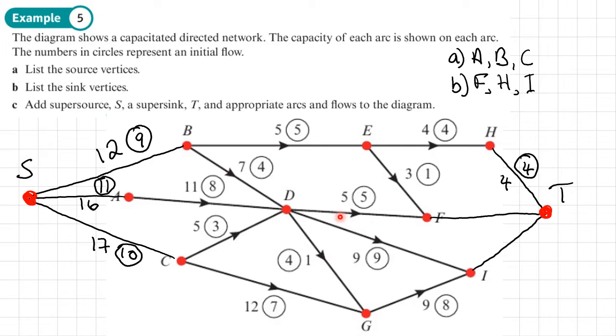For F, it has these two going into F, so this is going to have a capacity of 8 and a flow of 6. And then for the last one here, this is going to have a capacity of 18, 9 plus 9, and a flow of 17.